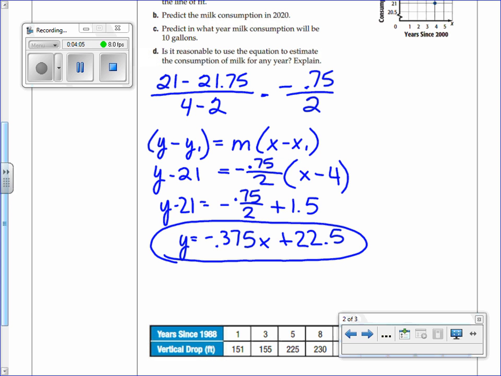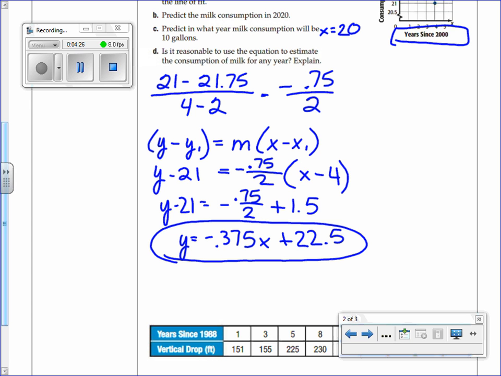Now it says predict the milk consumption in 2020. Because years is on the x-axis, that's my independent variable. So x is going to have to equal 20.